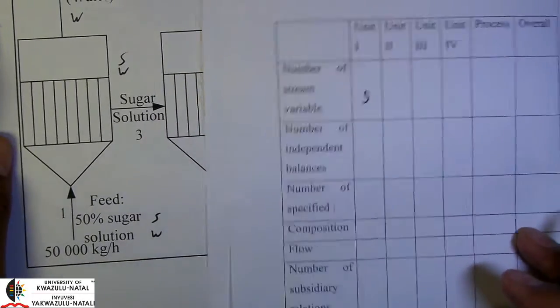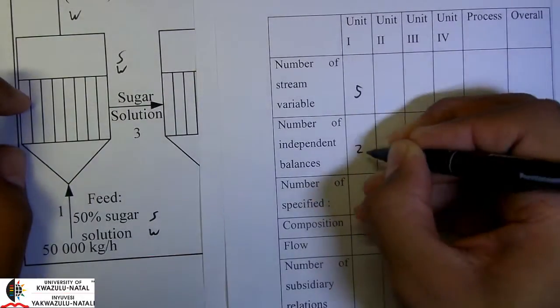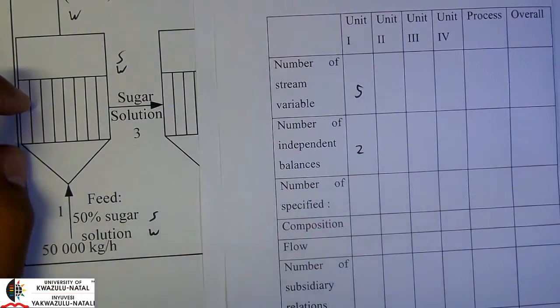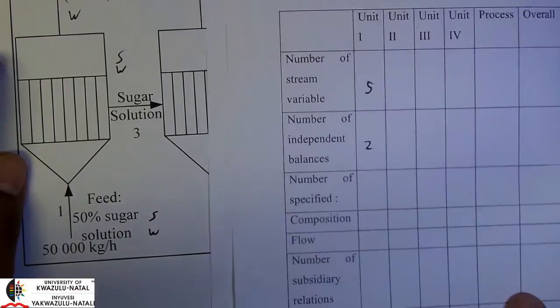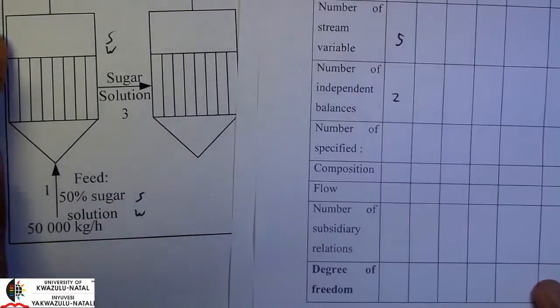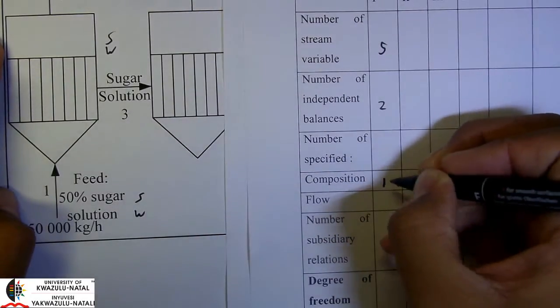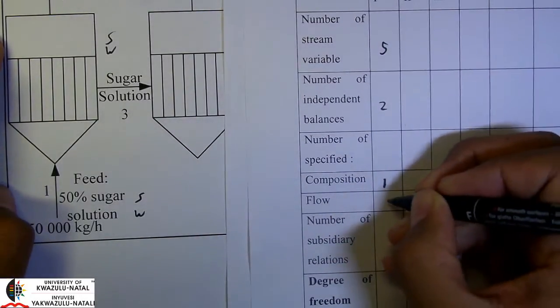There are a maximum of 2 components associated with unit 1, so our number of balances is 2. Let's look at our number of specified compositions. We only have 1 composition specified, and we have 1 flow specified.